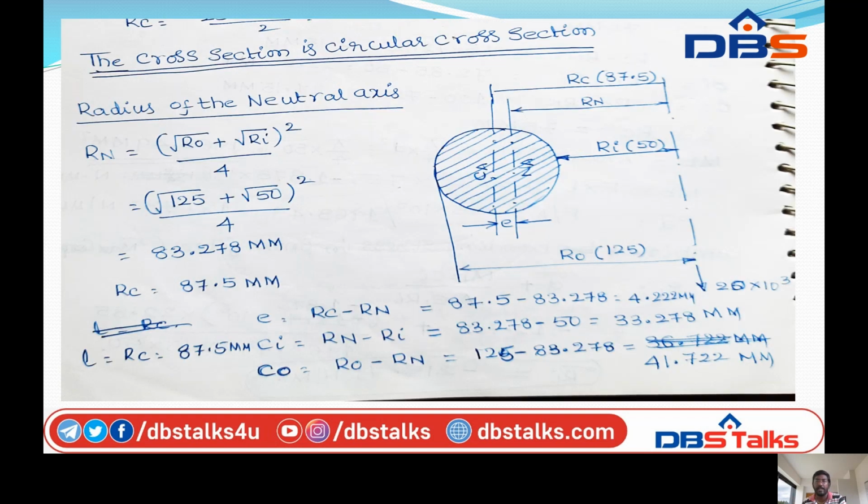So next we can analyze the circular cross section. First of all we draw the circular cross section with the central line CL, a circle with inclined lines: the neutral axis and the central axis. Ri is the distance from the central line to the inner fiber. Next Rn, the distance from the central line to the neutral axis, we can calculate. Rc, the distance to the central axis, is already calculated.